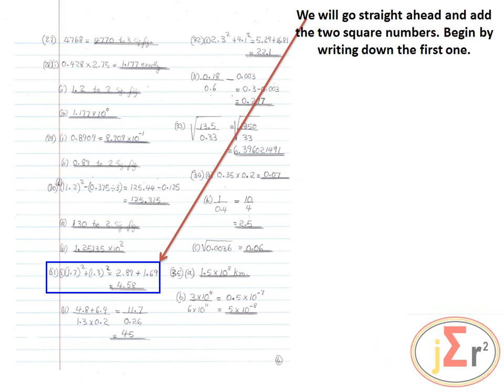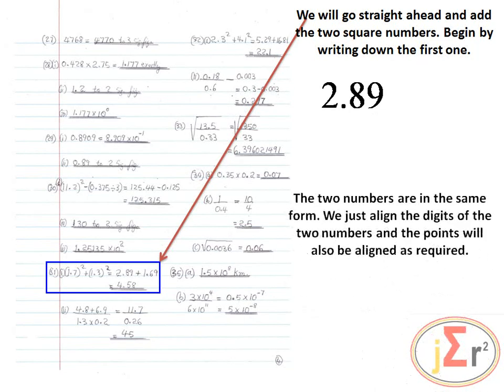We will go straight ahead and add the two square numbers, beginning by writing down the first one. The two numbers are in the same form. That means 3 digits and each has 2 places of decimals. We just align the digits of the two numbers and the points will also be aligned as required.